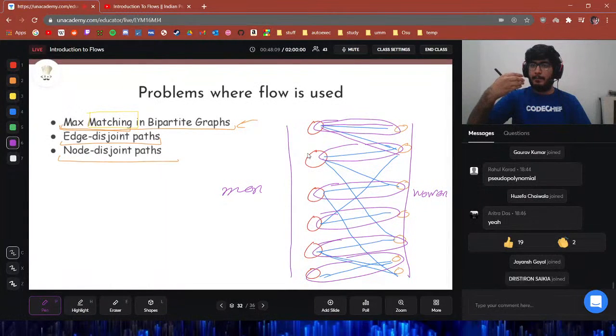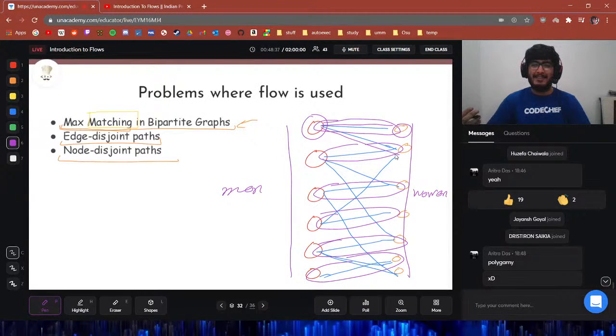If a man likes a girl, then the girl likes the man as well. Now we want to know the maximum number of marriages, the maximum number of pairings that we can create. The maximum number of pairings is exactly going to be the maximum matching, because one man cannot marry two girls. We are not having multiple marriages, polygamy. So the question basically boils down to finding the maximum matching.